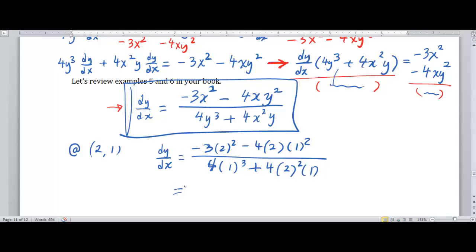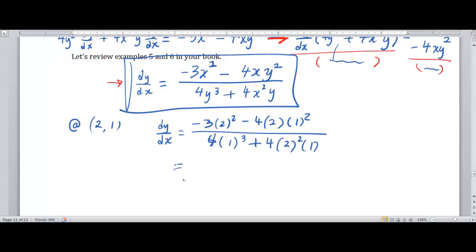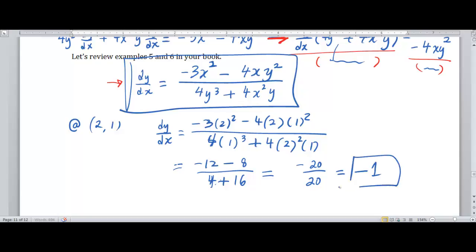What does that give me? 2 squared is 4 times negative 3 is negative 12. Minus 4 times 2 is 8 times 1, so that's minus 8. That's 4 plus 2 squared is 4 times 4 is 16. Okay. So that gives me minus 20 over positive 20, which is negative 1.